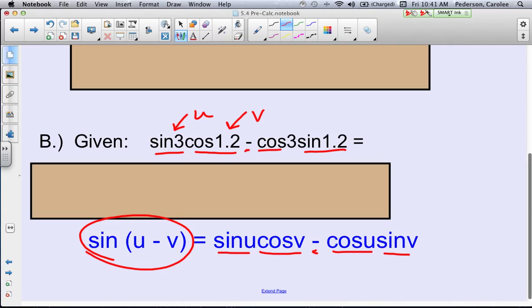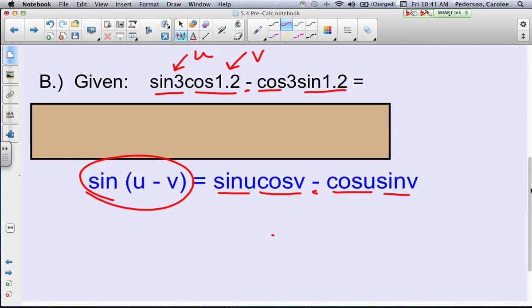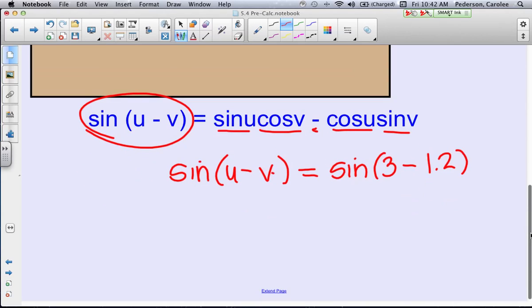So we say the sine of u minus v equals the sine of u, which is 3, minus v, which is 1.2, and then we just reduce that parentheses. 3 minus 1.2 is 1.8.